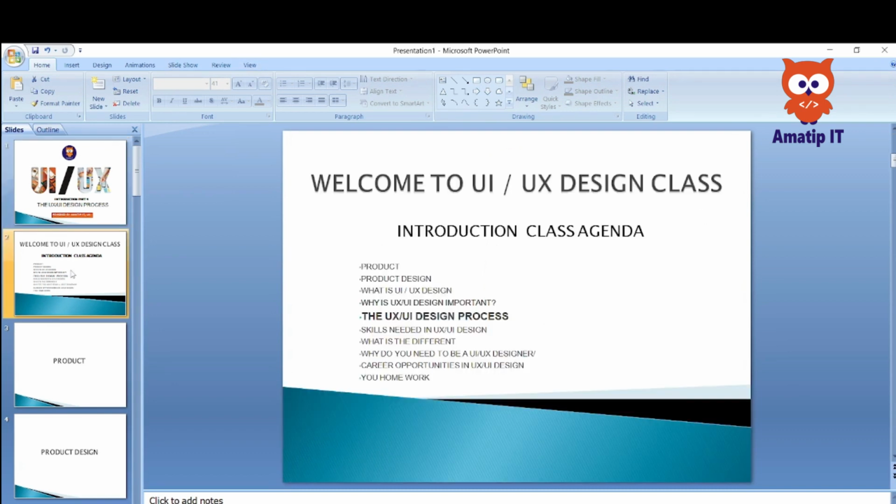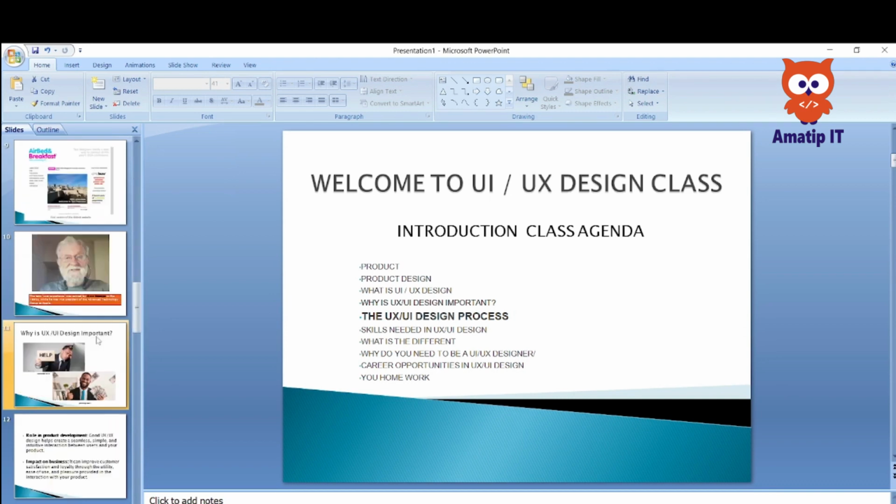In the previous part, we talked about product design, what UI and UX is, and why we need UI and UX design. Now we'll be talking about the UI/UX design process.